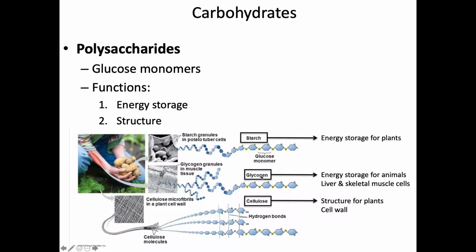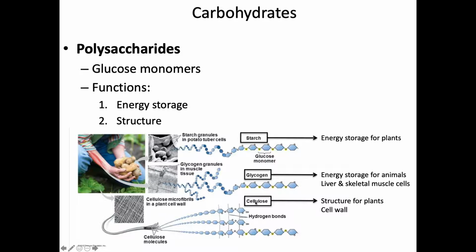And then we make glycogen so that when we need energy, especially, for example, if we're exercising and we need some more energy to keep going, we'll go to our energy reserve in the form of glycogen, break down these glucose monomers using hydrolysis, and then our skeletal muscle cells will take these glucose monomers, undergo cellular respiration to make ATP, energy, so that we can keep exercising.